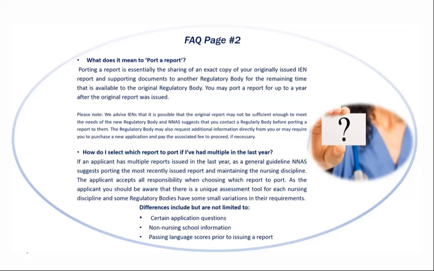So if any new information came in specifically for that report, it'll be available in your most recent advisory report. You as the applicant accept all responsibility when choosing which report to port. As the applicant, you should be aware that there is a unique assessment tool for each nursing discipline. And as I stated earlier, you can't port an RN report to an LPN regulator because they are completely different with their educational comparability tools.